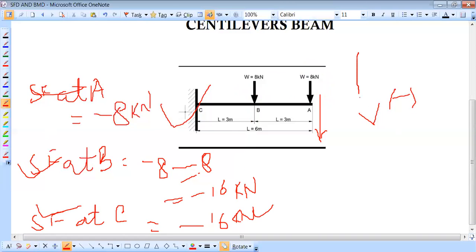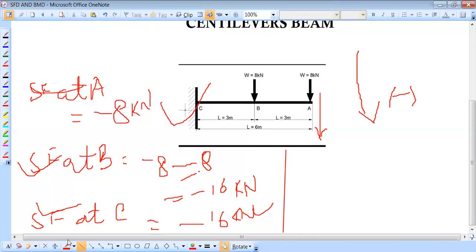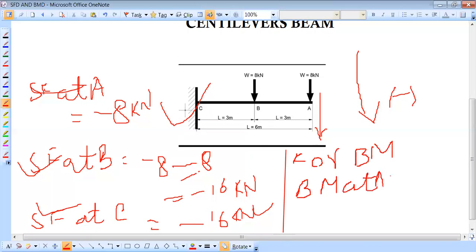Then the bending moment. After that, we draw the diagram. Let us take a section here, and we can find the bending moment. BM, bending moment at A, is equal to how much?